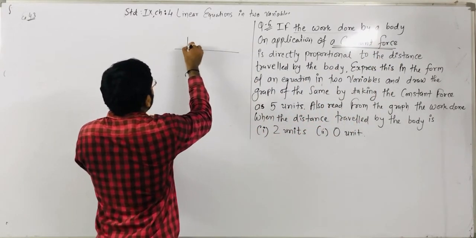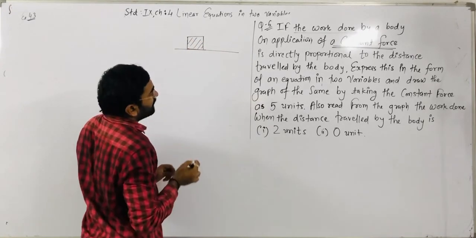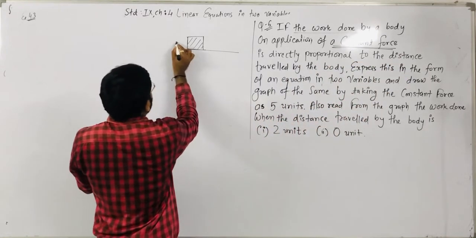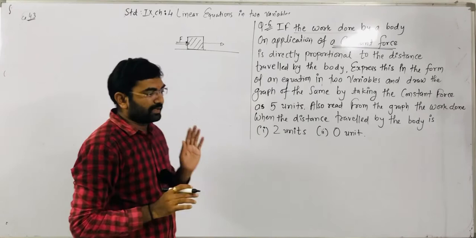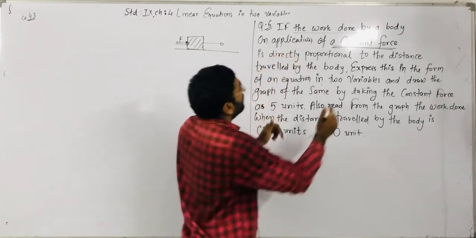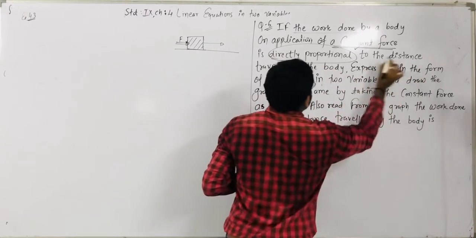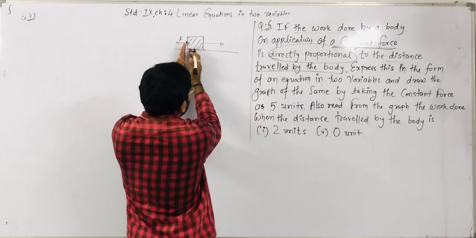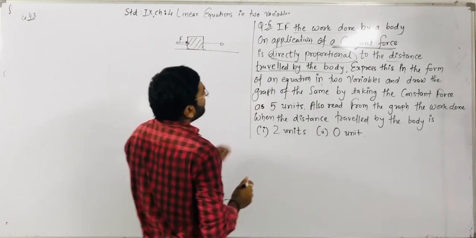Suppose this is a plane in which one solid body is given here, and the work done is directly proportional to the distance. Suppose you give the force here, then its displacement is here, right? If you push anything, then the body travels some distance. So as per the question, the work done by the constant force is directly proportional to the distance traveled by that body, right?